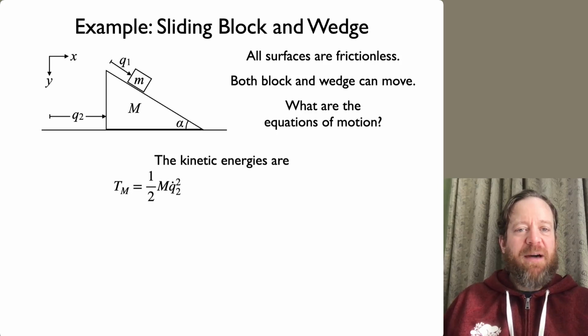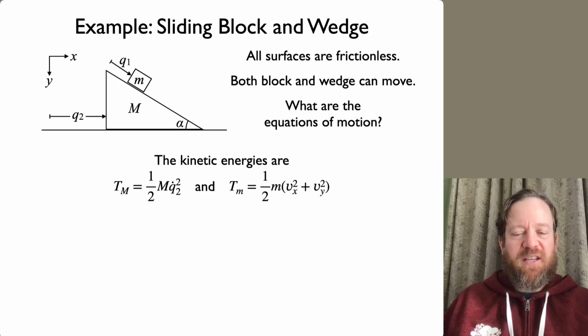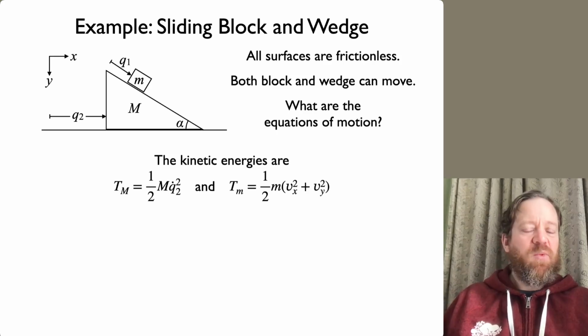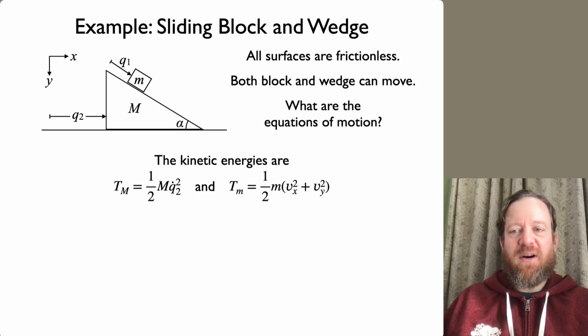For the mass of the block, mass little m, we will write down its kinetic energy as being equal to 1/2 m times vx squared plus vy squared, where vx and vy are measured relative to this convenient Cartesian coordinate system. So we have to now re-express those two different speeds, vx and vy, in terms of q1 dot and q2 dot.